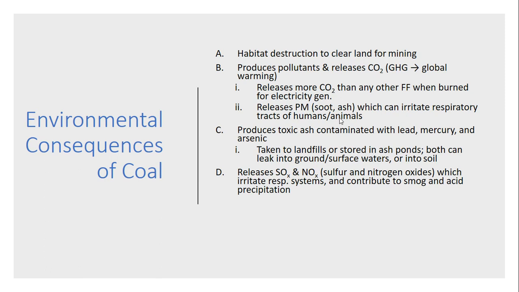When these items are produced, they can be taken to landfills or stored in ash ponds. And in the atmosphere, they can release SOx and NOx, sulfur oxides and nitrogen oxides, which are also irritants to your respiratory system and can create acid rain or even smog.